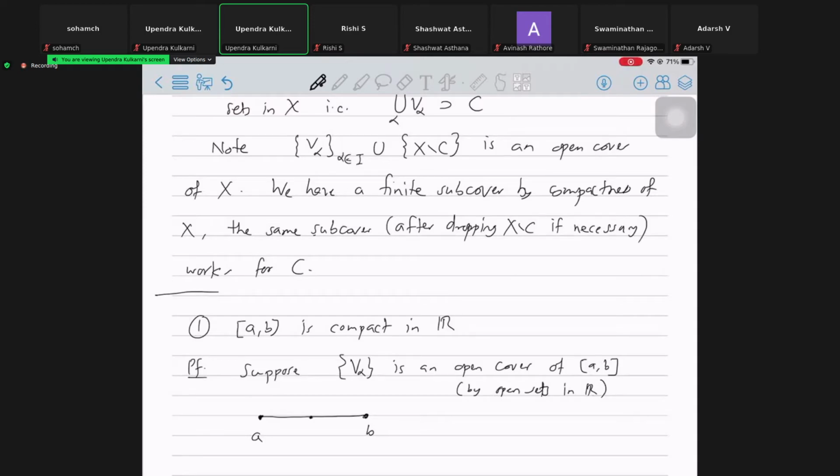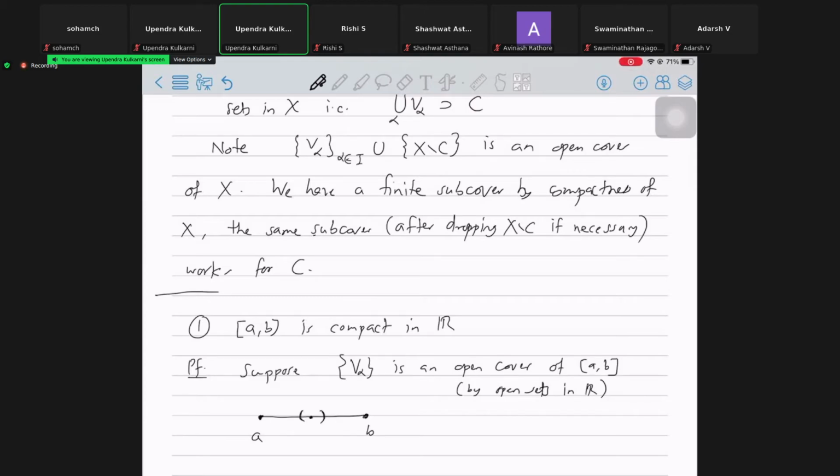Now, a general union of open intervals can be quite complicated, because those open intervals could be spread all over the real line in some way. Nonetheless, because this point is contained in some V alpha, there must be some interval like this, which is contained in the V alpha that contains this point. So I could simply ignore the V alphas and say that for each one of the points of the closed interval, I have some open interval around it that is part of some V alpha.